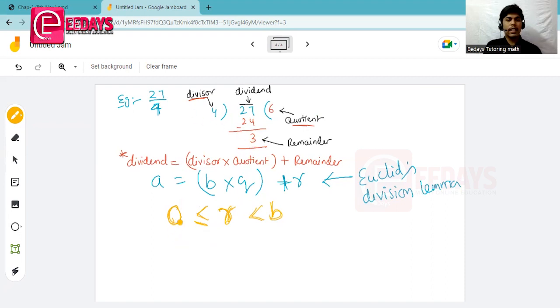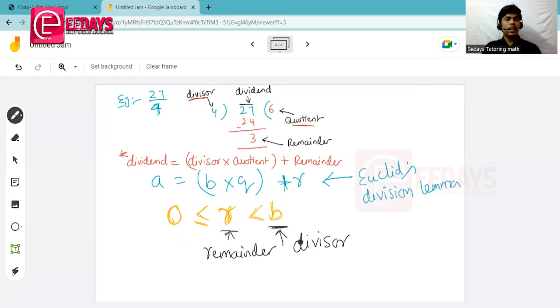That's why we write it as 0 less than or equal to r, and r less than b. b is nothing but the divisor, and the divisor every time would be greater than the remainder. For your reference, I'm writing each and every word.